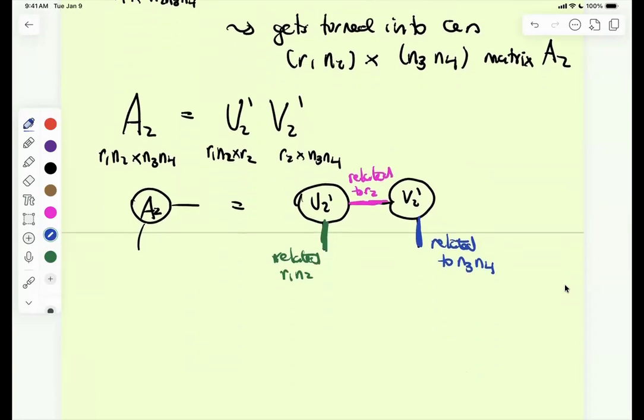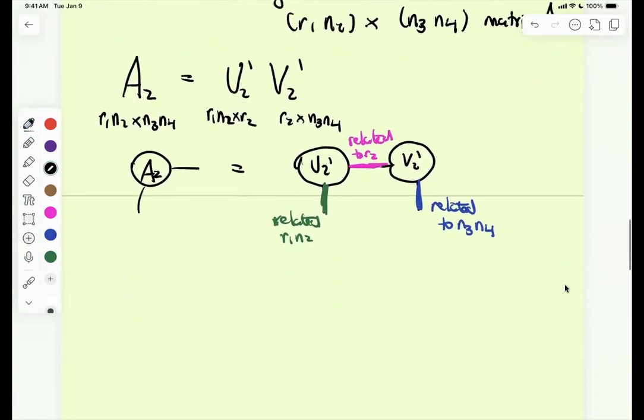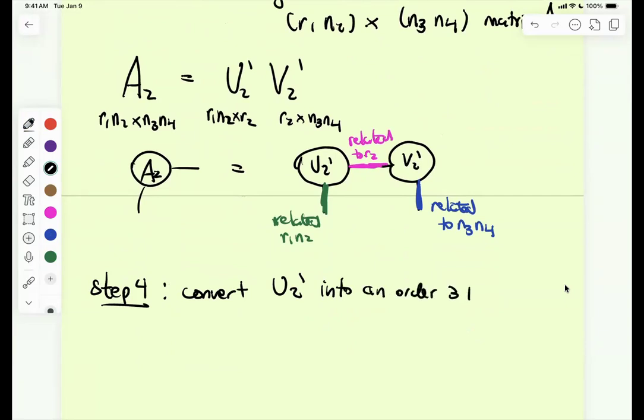So the next step, again, you convert U2 prime into an order 3 tensor, which is of size R1 times N2 times R2. Okay.